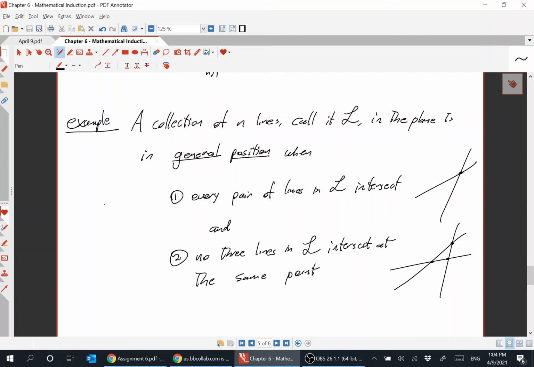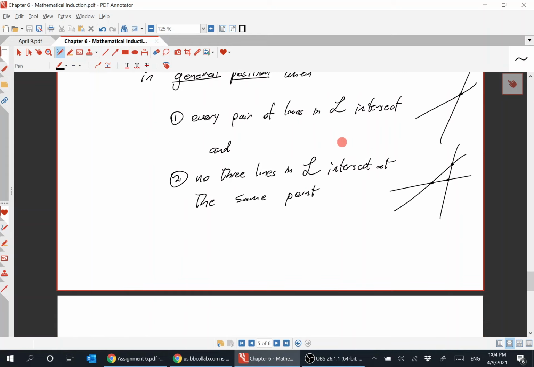Okay, so now when you have a collection of lines in the plane, it divides the plane into so many regions.